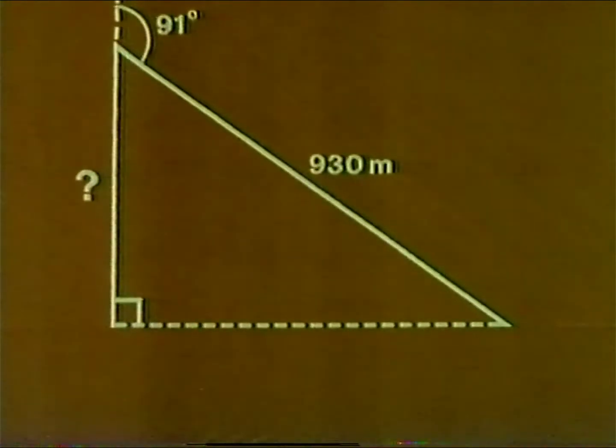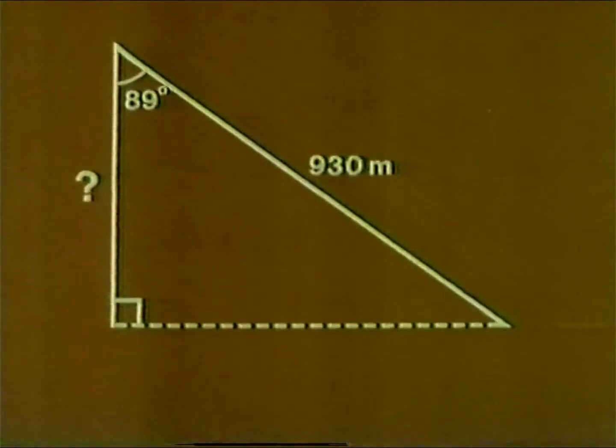We need an angle inside the triangle. The 930-meter side is the hypotenuse.